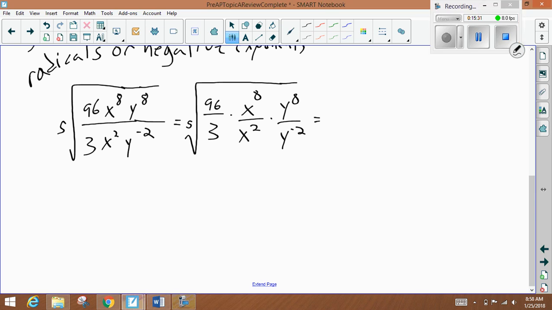So, 36 divided by 3 is 96. Sorry, it's 32. And then I'm going to subtract these exponents, so this becomes x to the 8 minus 2, or 6. And then y to the 8 minus negative 2, which is to the 10. Okay? So then I want to break up this party.